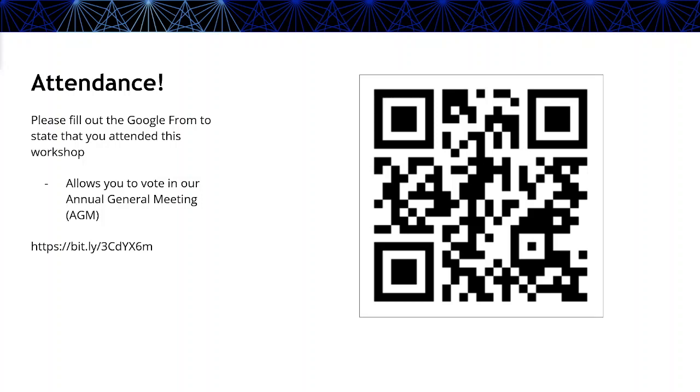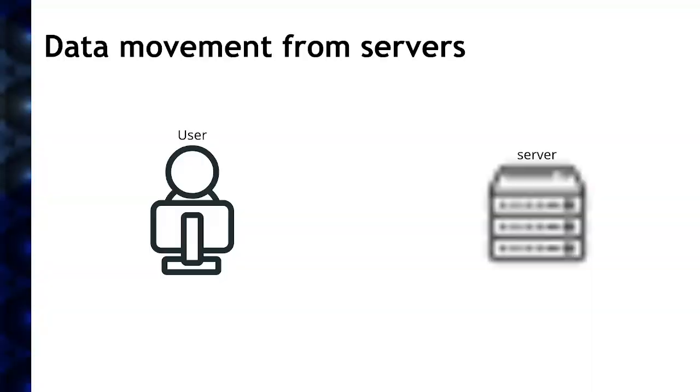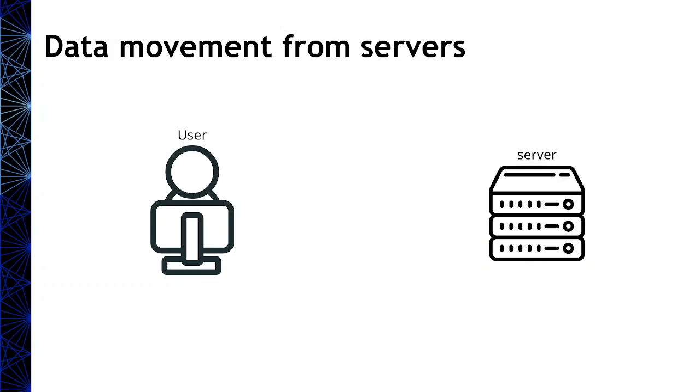In order to figure out how to perform command injections, I want to talk about how servers and users interact first. Within most server interaction systems, we usually have a client of a server, or a user, and the server itself. A user would usually indicate, hey, I'm going to make this request to do this thing. In this case, the user is asking to store some of their data onto the server.